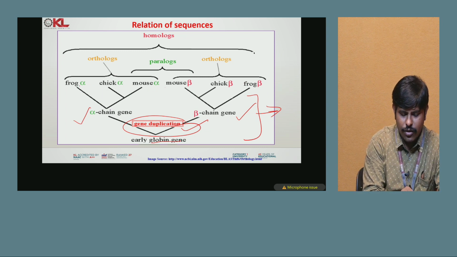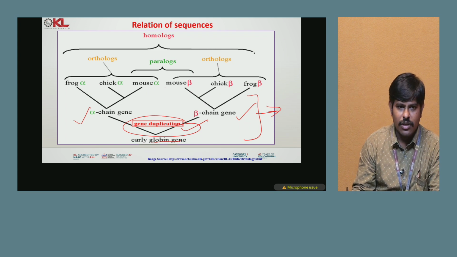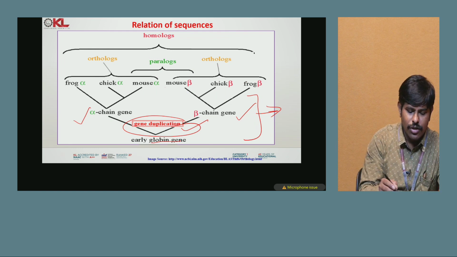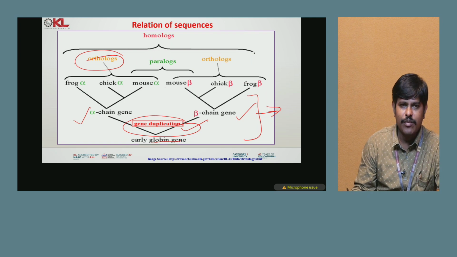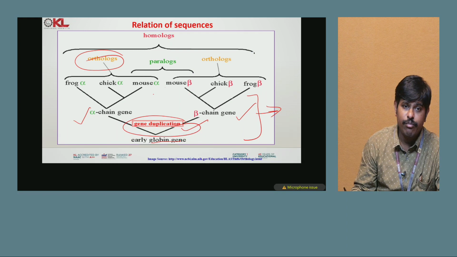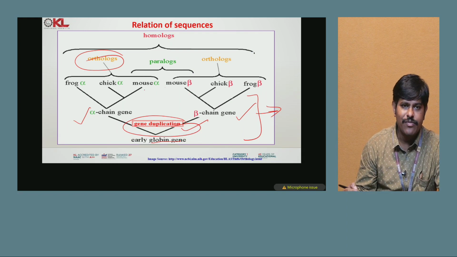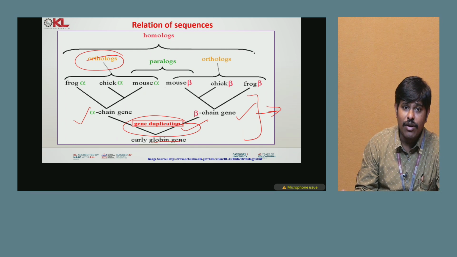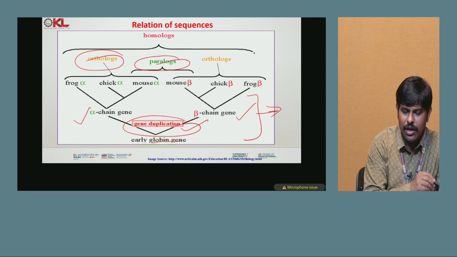Now the alpha gene present in frog, chicken and mouse, three different organisms, has the same function, so you can call them orthologs. And the alpha and beta genes in mouse are in the same organism, their function is different but they have a common ancestor and some sequence similarity, so those are called paralogs.